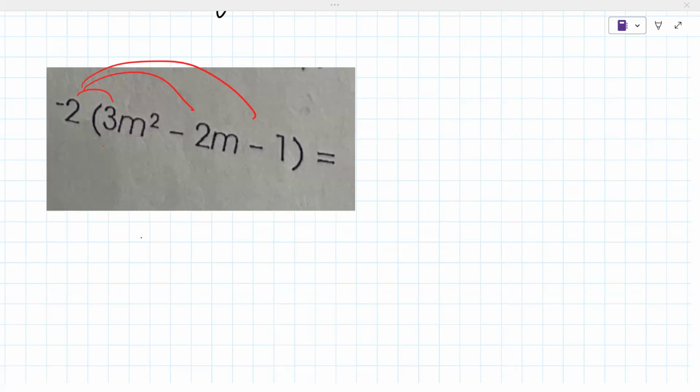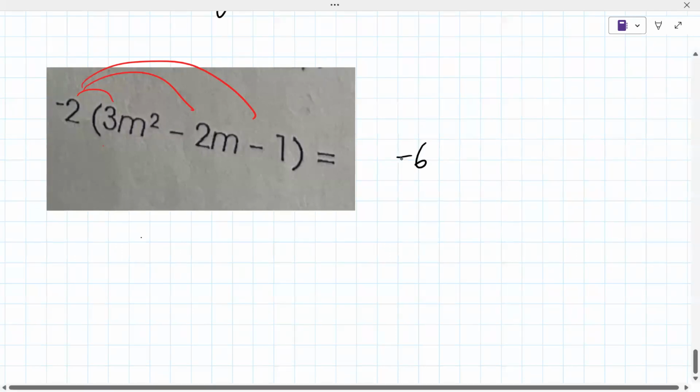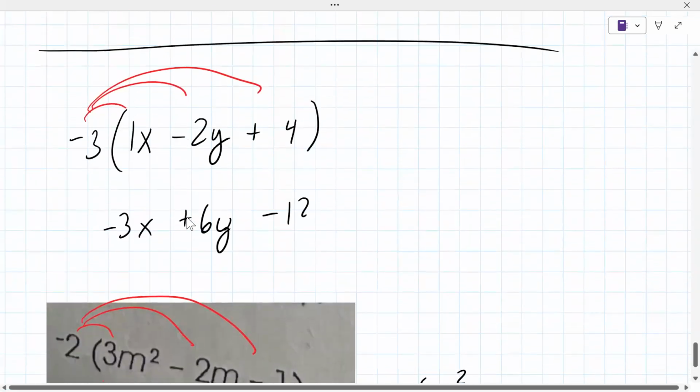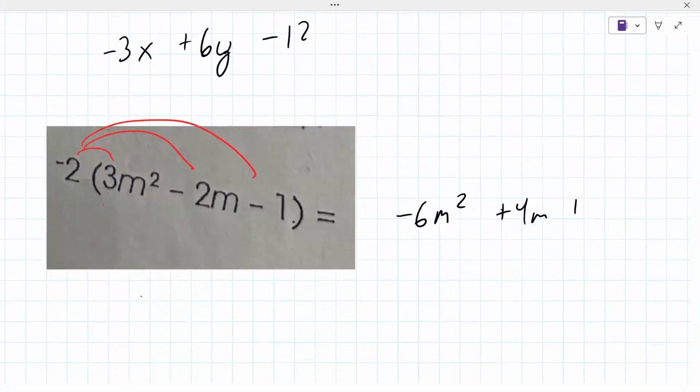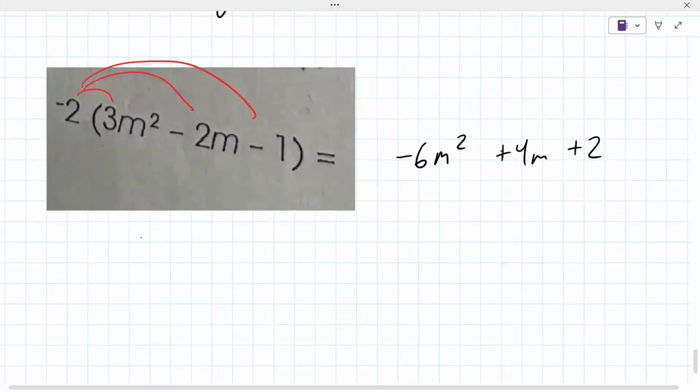Would it be -6m minus 4m minus Nope. You got to multiply the -2 by the -2. See how it changes the signs? All the examples we did, it went from negative to positive, positive to negative. So it'd be plus 4m plus 2.